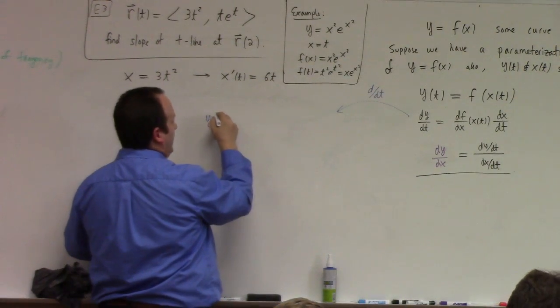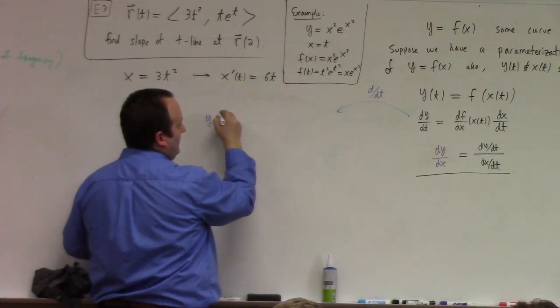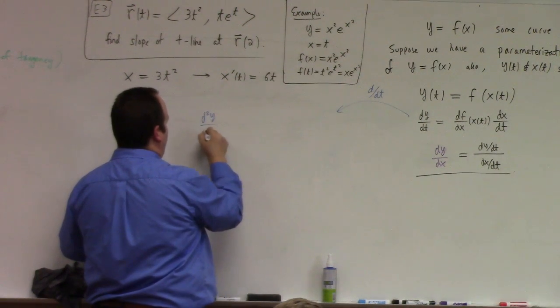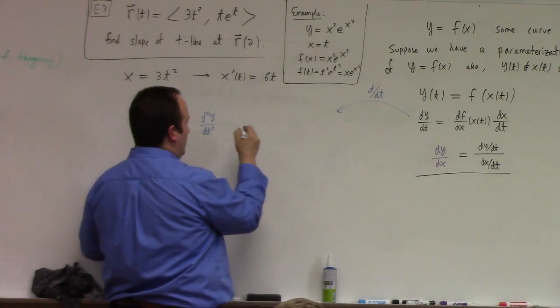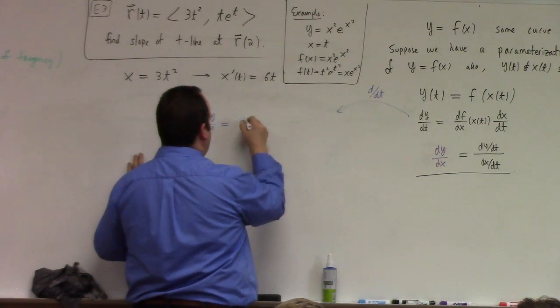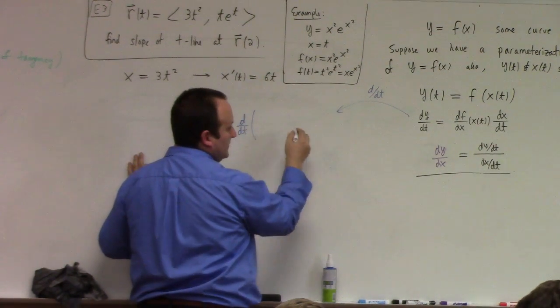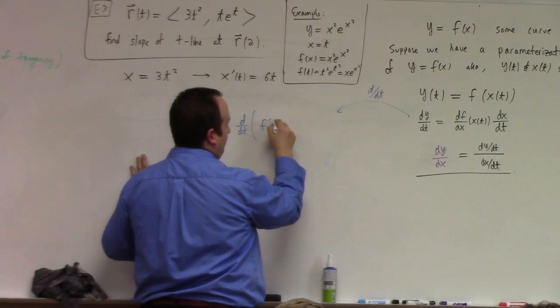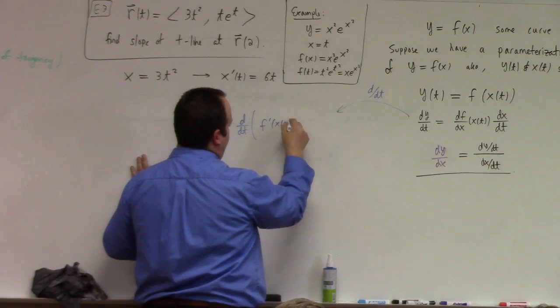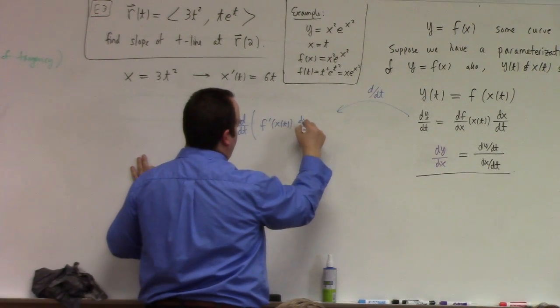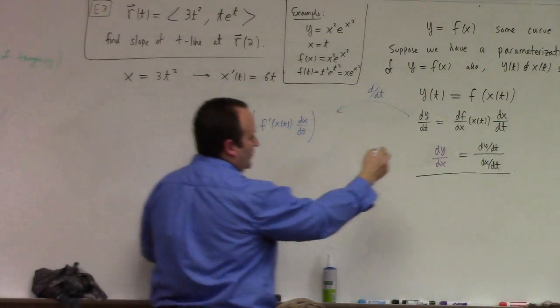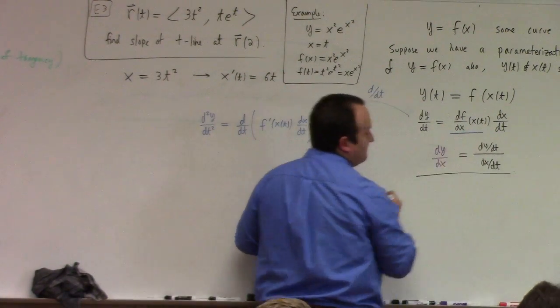You get y prime prime. Well, I better be careful. You get d squared y dt squared equal to what? It's equal to d dt of this product, f prime of x of t times dx dt. I'm rewriting this with prime notation.